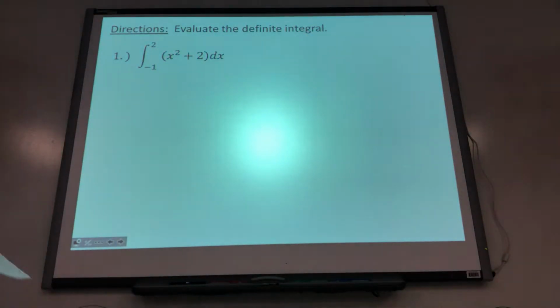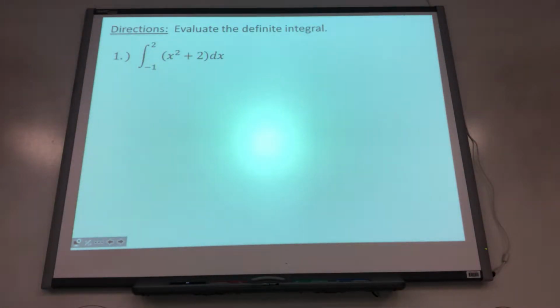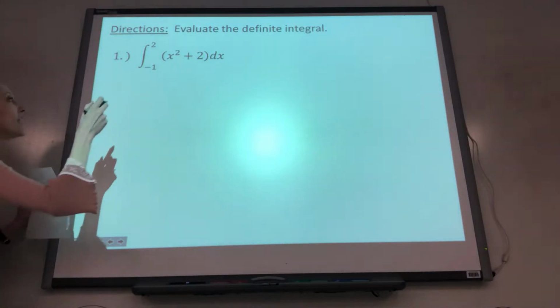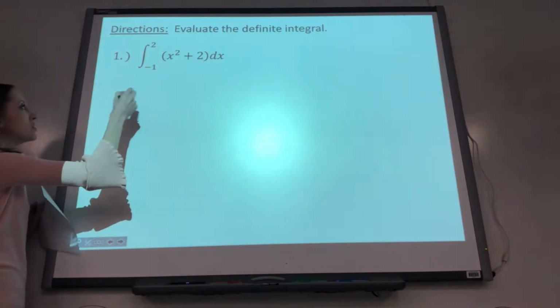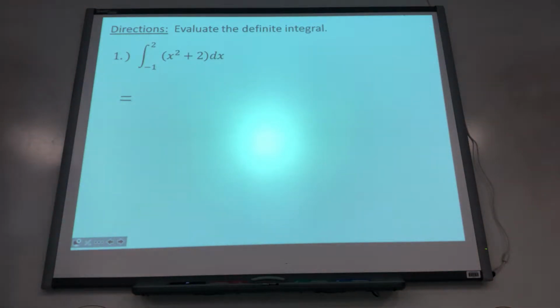So here is example 1. We are integrating from -1 to 2 of x squared plus 2 dx. That's our function. Upper bound is 2, lower bound is -1. Now, the first thing you should do is actually integrate.